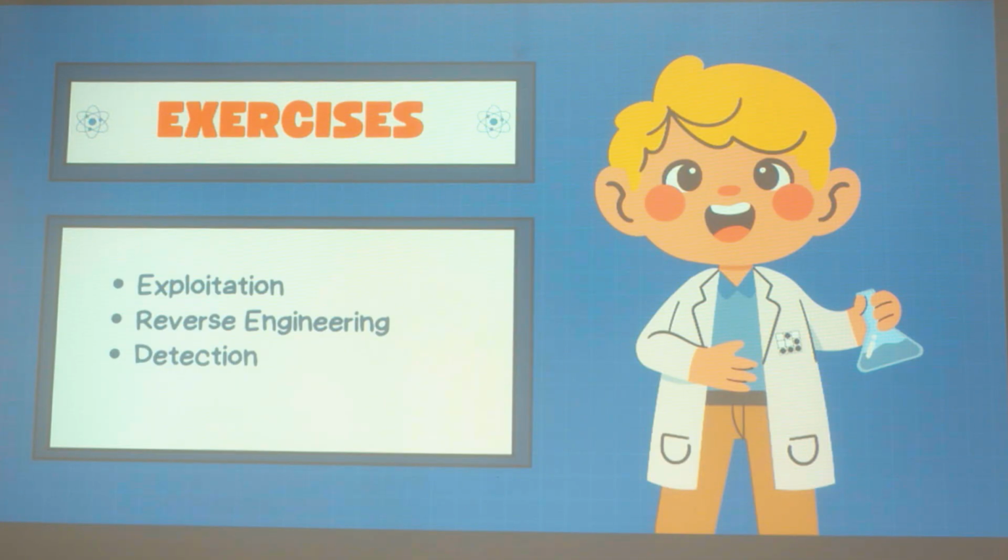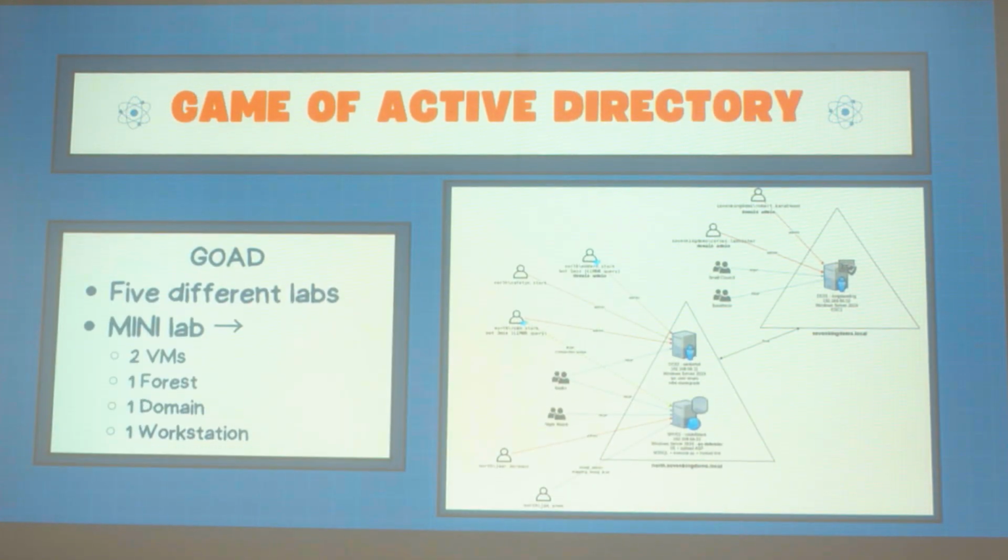Oh, right, I didn't really know where to put this slide, so I kind of threw it in here. This is a project that I absolutely love called Game of Active Directory. And it is a set of scripts to stand up virtual machines and install and configure them with an Active Directory network.